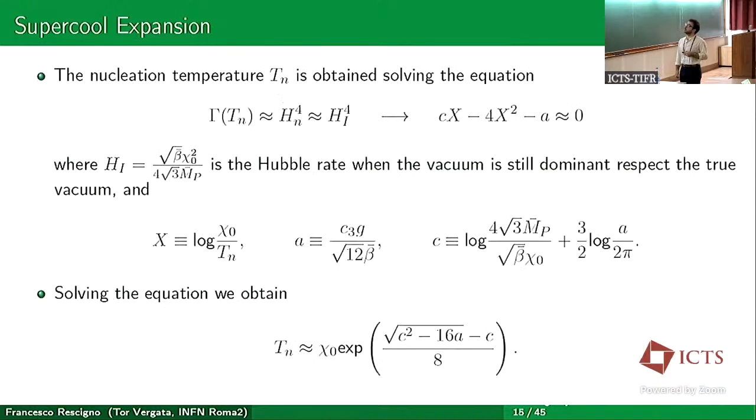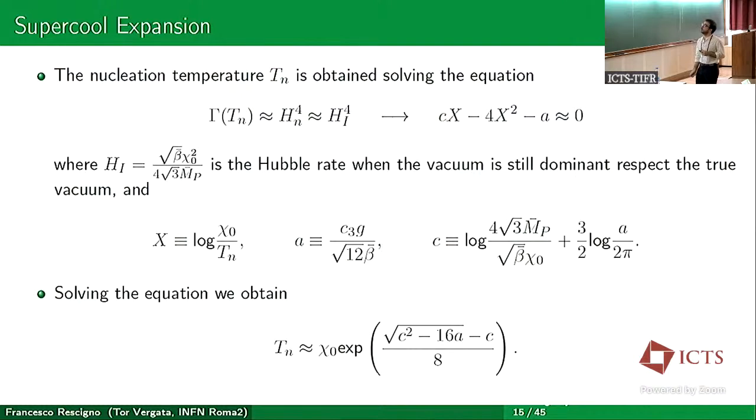So the nucleation temperature Tn is obtained by solving this equation, where we use several approximations. For example, we use that the nucleation typically occurs in this case during the inflation due to vacuum domination, so we can approximate it in this way.